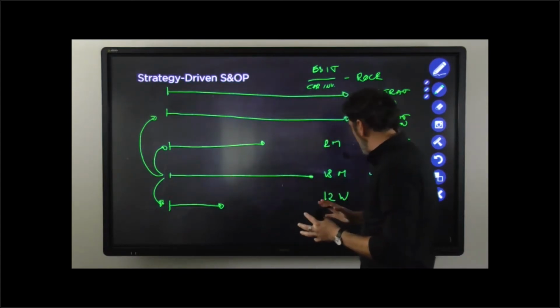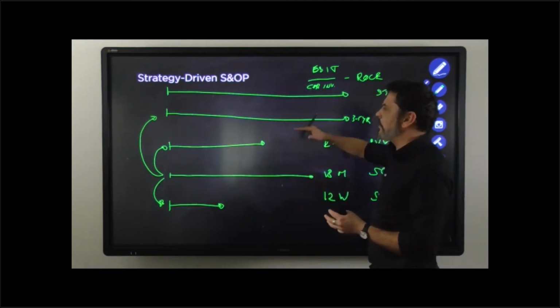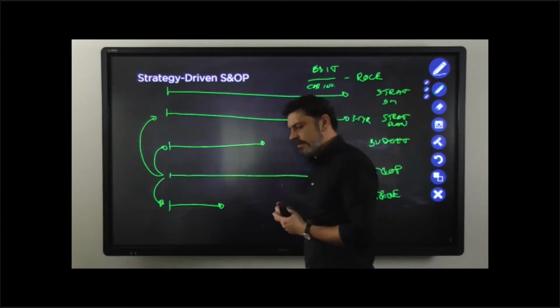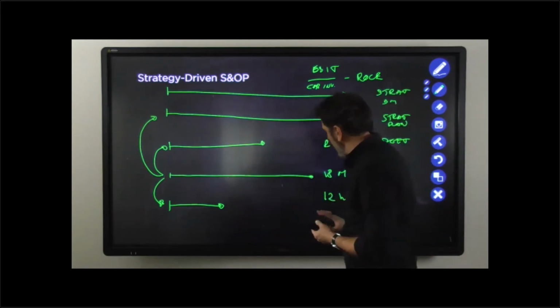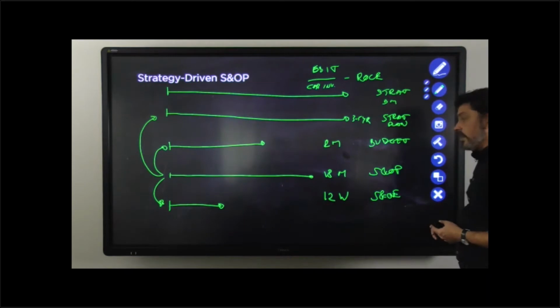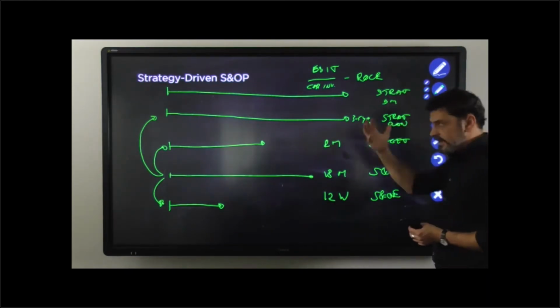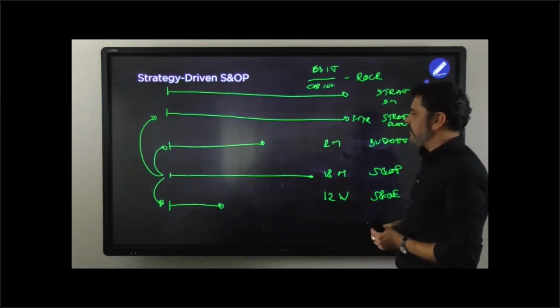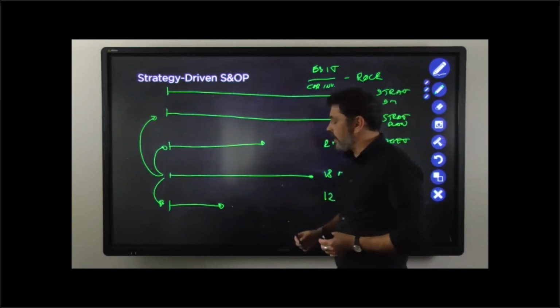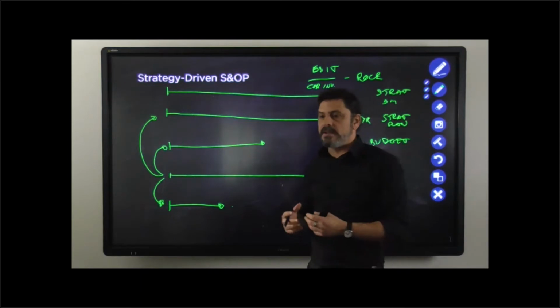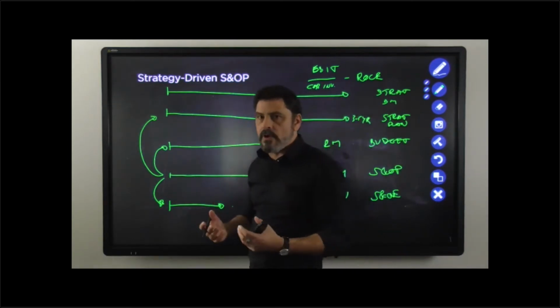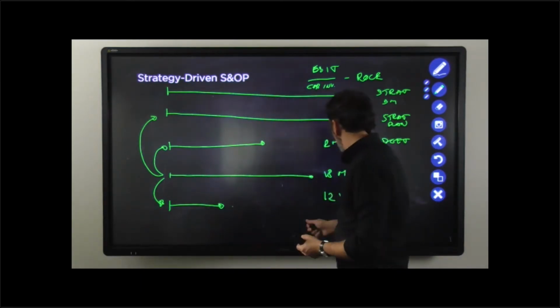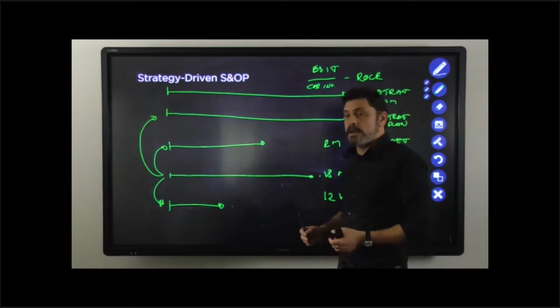And some of the questions are always like, what level do we plan on? What level of detail and what horizon? And I think this one is making it a bit more clear, at least our vision, on what are the horizons and the different plans and questions that we need to look at. So you have your operational level, day-to-day monitoring, scheduling, ordering of raw materials. You have your S&OP, the tactical level.